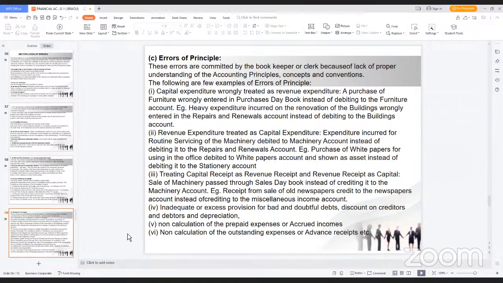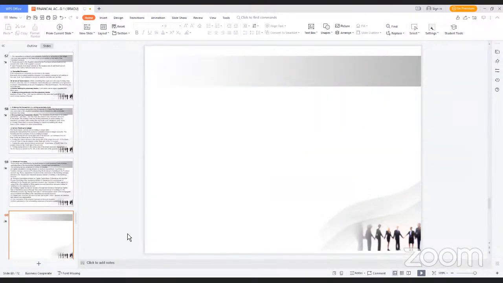And the next is revenue expenditure treated as capital expenditure, for example, a routine expense debited to the machinery account. Just go through it in your textbook.